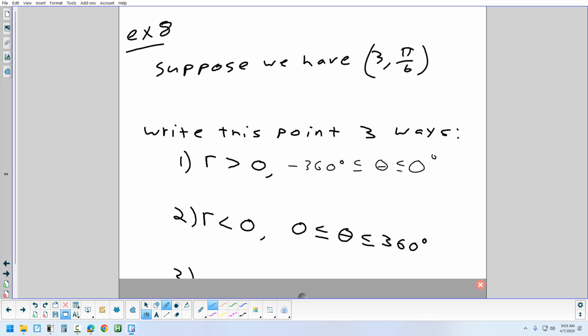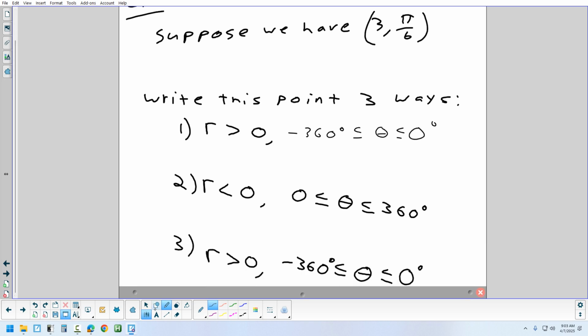By putting it like that, I'm just saying I don't want you to go around like 6 times. I only want you to go up to 1 revolution, clockwise or counterclockwise, and stop. So we'll do it with a positive radius and a negative angle. We'll do it with a negative radius and a positive angle. And then the third way, negative radius, negative angle. We don't have that way. So these are all the ways that we just did on the previous page.